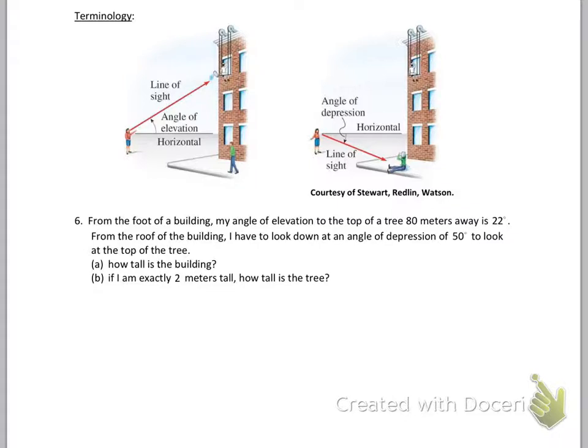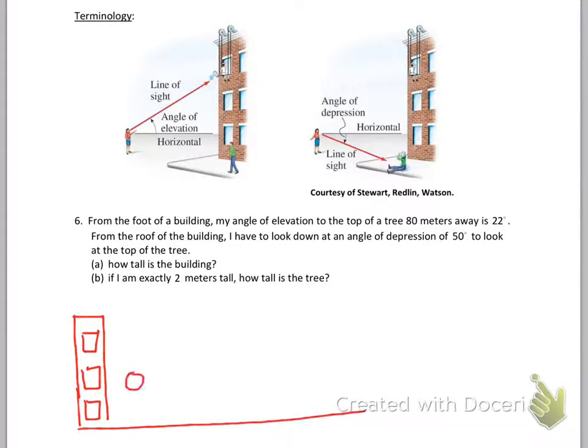Okay, so again, I'm going to draw a picture the best that I can here. If this is the building, my little windows, then it says from the foot of the building my angle is. So this is the ground, and the person from the foot of the building. Then we're looking at a tree.